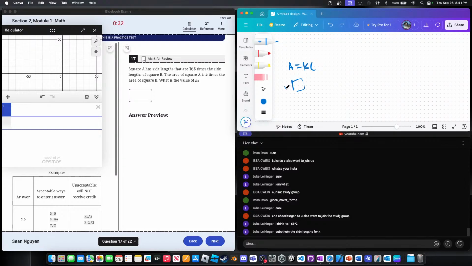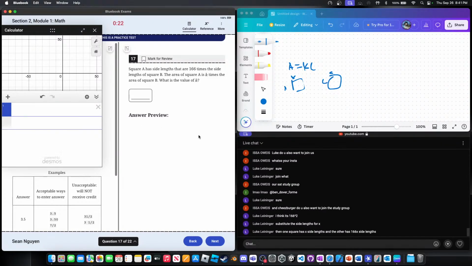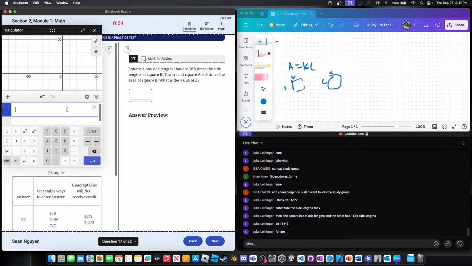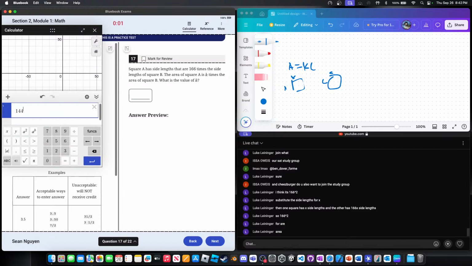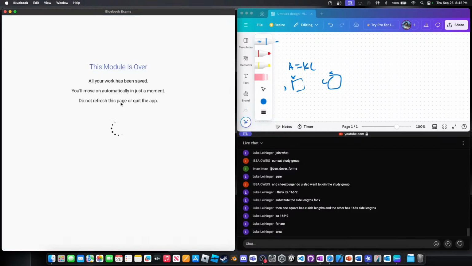Substitute side lengths for x. I don't think I have enough time. One square has x side lengths. Oh, you're right. What is the value of k? The area of square A is k times the area. Just gonna trust. Oh, never mind.